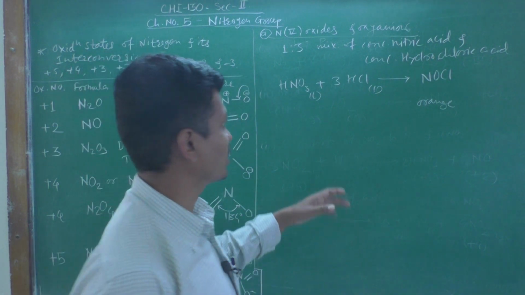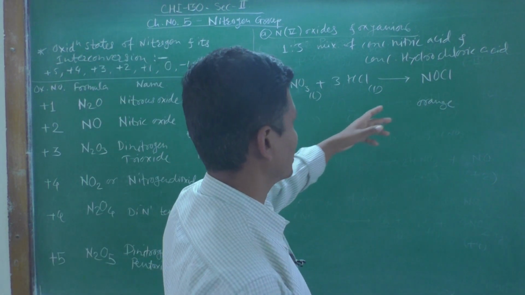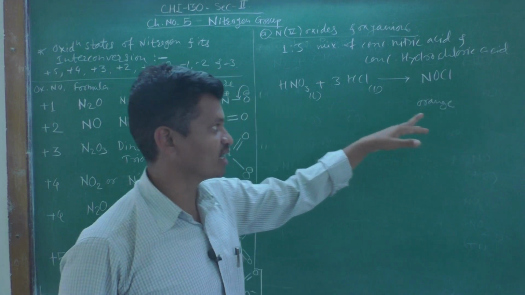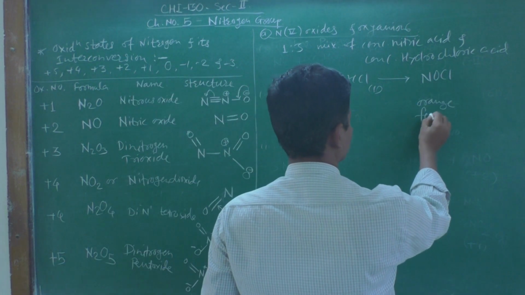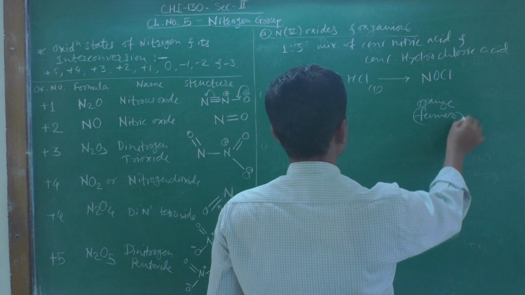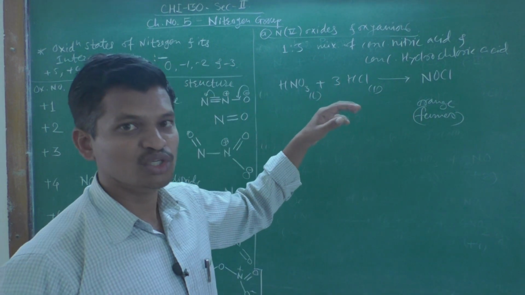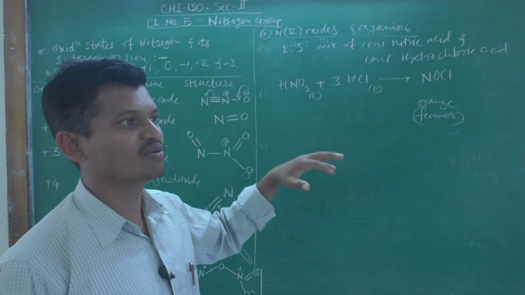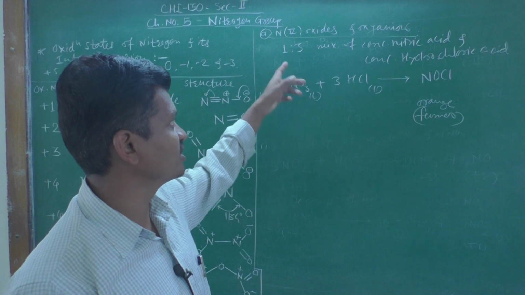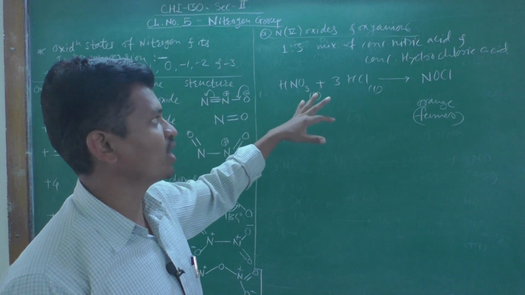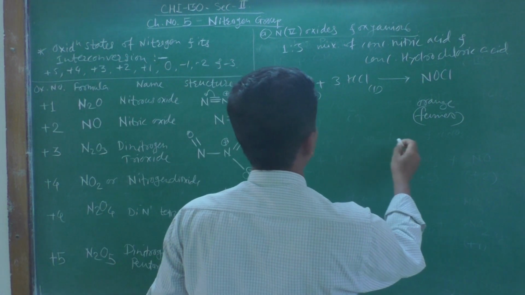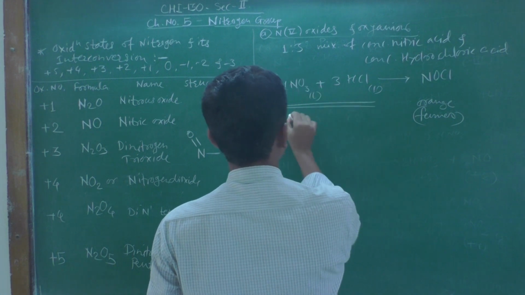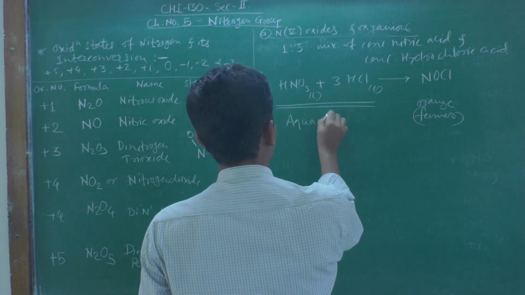NOCl fumes are formed, they are called nitrosyl chloride. These are orange fumes, and this mixture is used in qualitative analysis. We are familiar with this mixture, it is known as aqua regia.